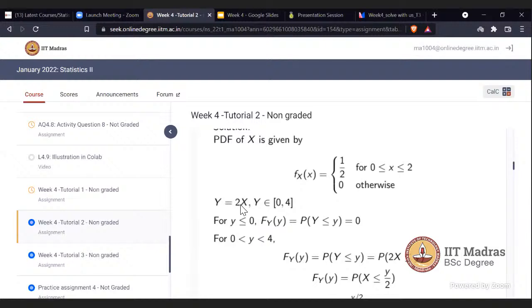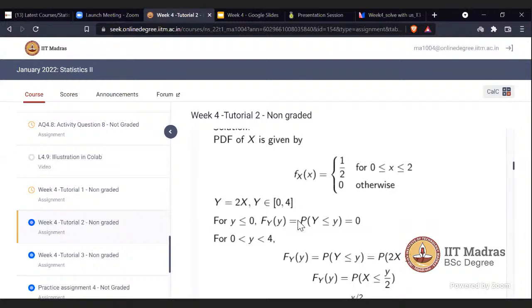This can also be solved using the general formula, because 2x is monotonically increasing, so you can use that. But we'll go through this process.